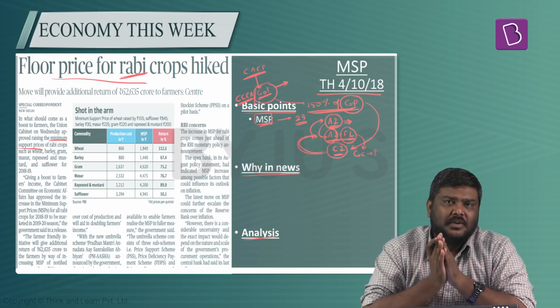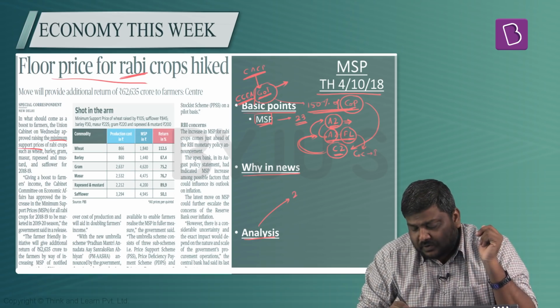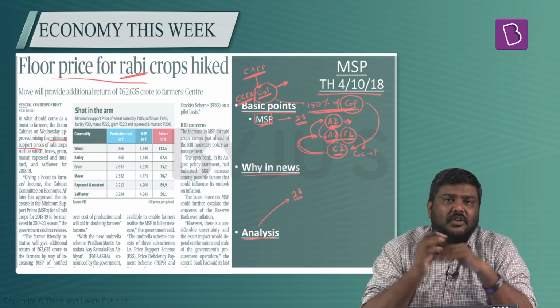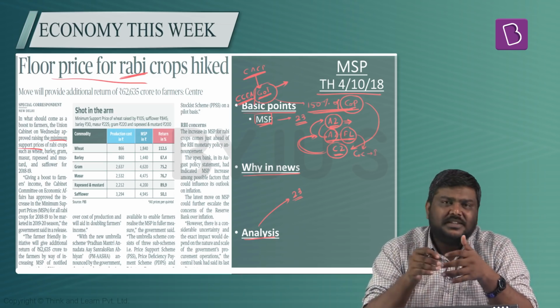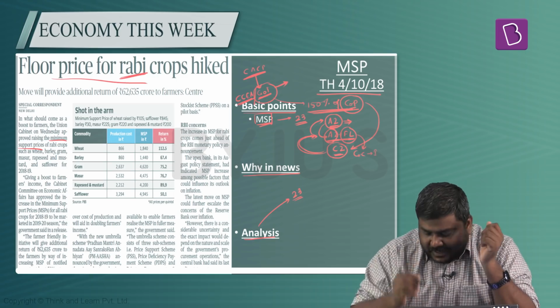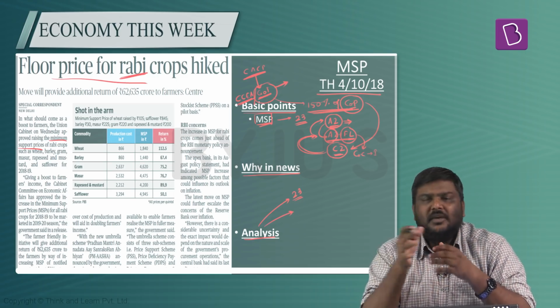Because one, the Government of India, although it announces MSP for 23 agriculture commodities, will not procure all of these commodities. It majorly procures rice and wheat. Second, not all the farmers will get the benefit of MSP.